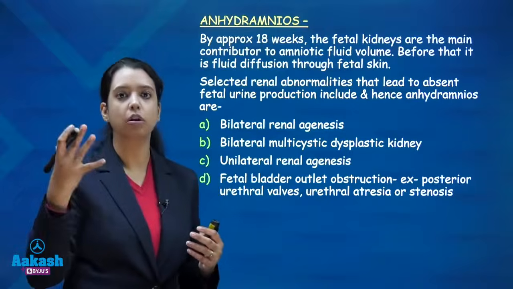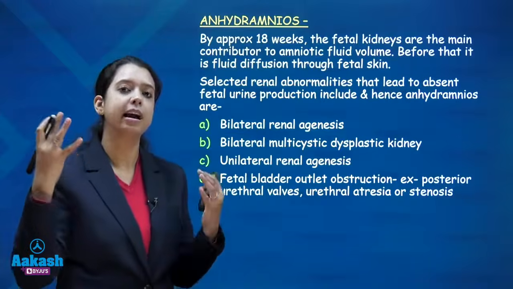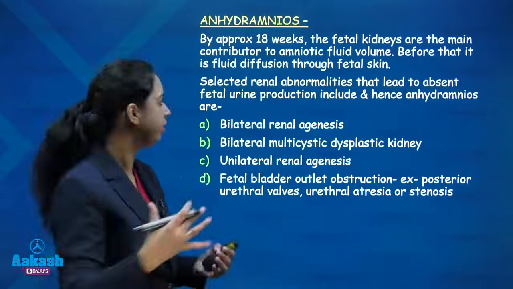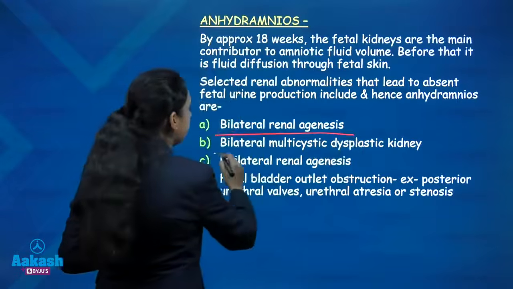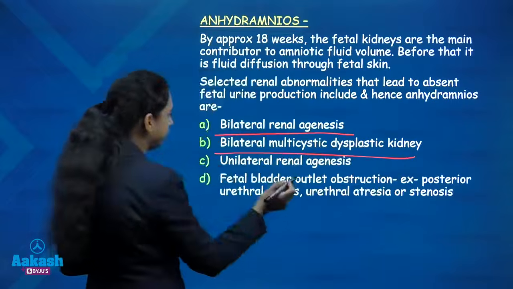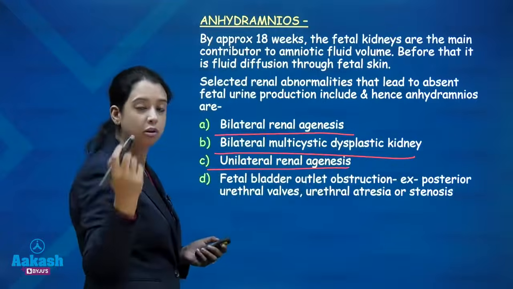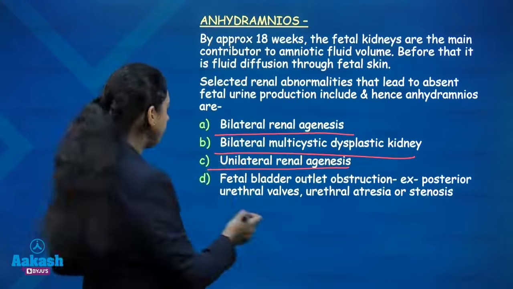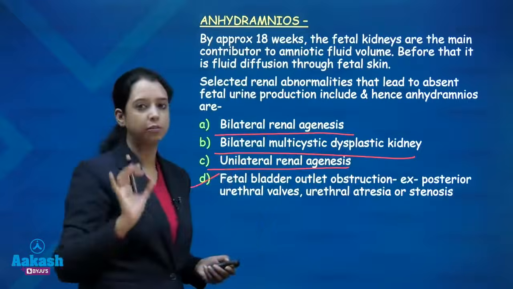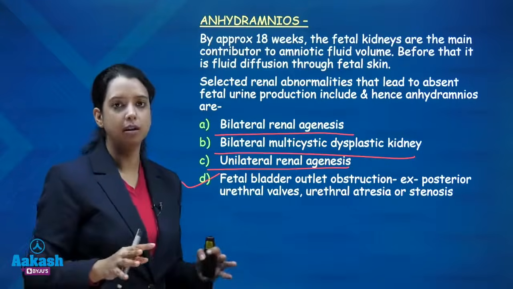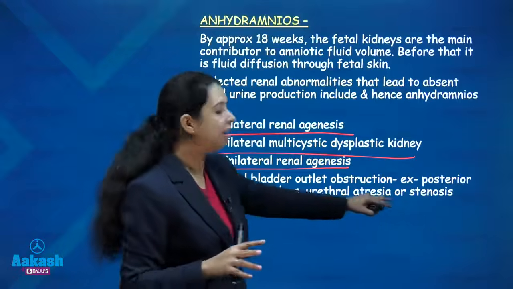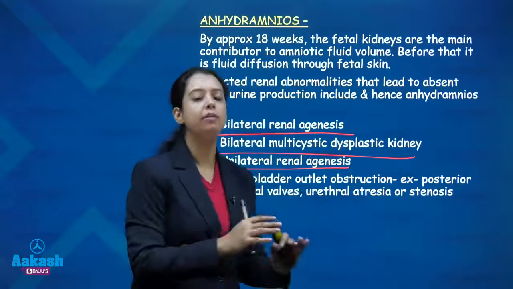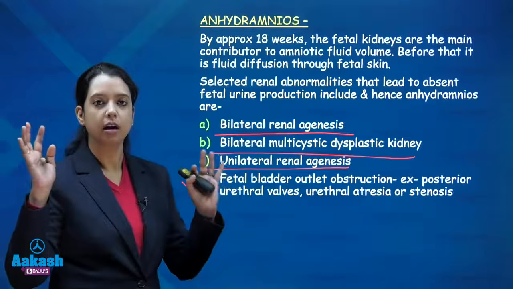So, the causes of early onset anhydramnios or severe oligohydramnios are the same, which is bilateral renal agenesis, bilateral multicystic dysplasia of kidney, unilateral renal agenesis can also present with severe oligo, or bladder outlet obstruction. Means urine formation is normally occurring, but baby is not able to urinate, like posterior urethral valves, urethral atresia or stenosis. They all will lead to mid-trimester anhydramnios.